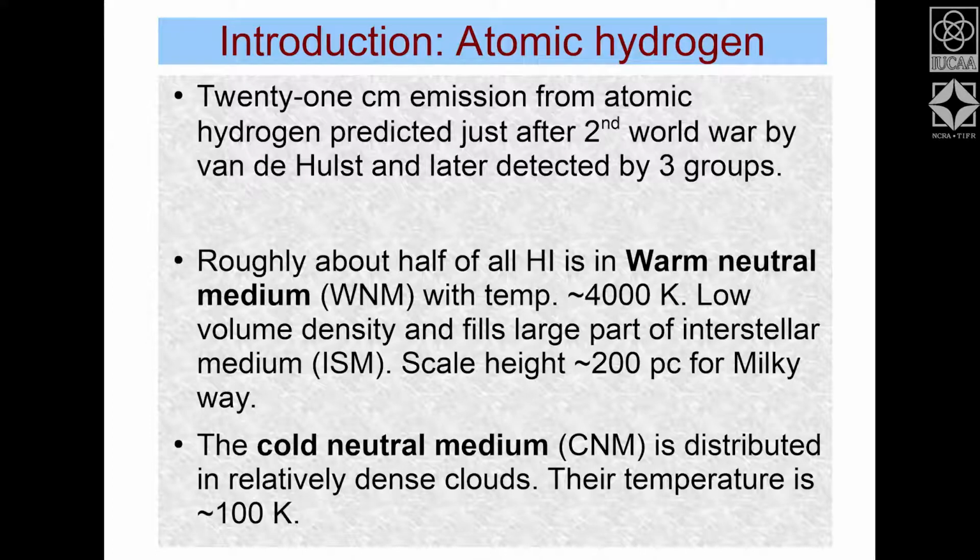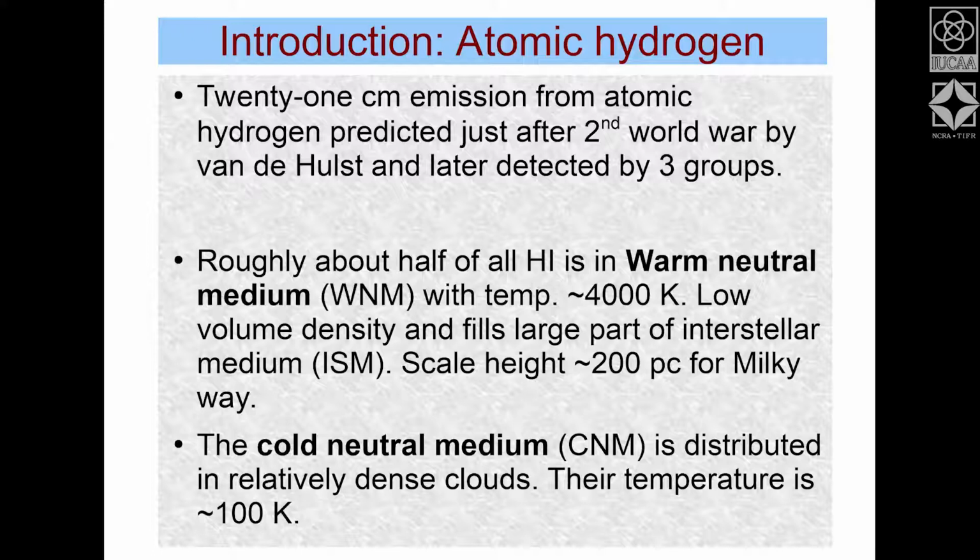Now, when we talk of H1, this is not exactly like a Bohr transition. It goes a little bit deeper into quantum mechanics, but this is the only emission which is very strong and easily detectable in the radio band. That's why we are talking of this. How it originates, if you really want to understand, you have to go somewhat deeper into quantum mechanics, into what the quantum levels are and so on.